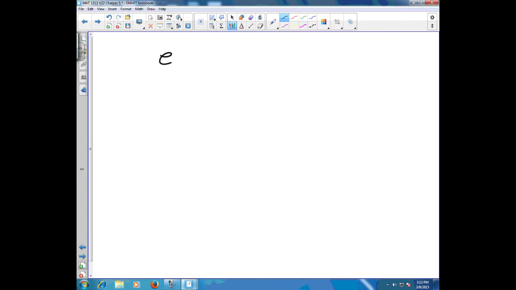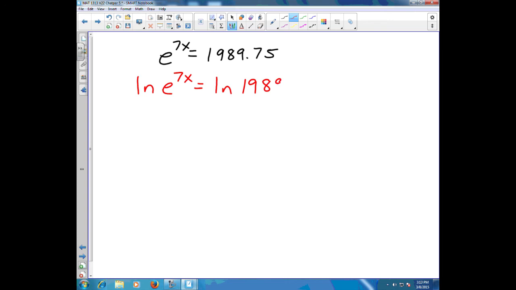And now what we have is e to the 7x is equal to 1989.75. So just like before, we're going to take the natural log of both sides. But now on the left-hand side, hopefully this looks somewhat familiar to you.